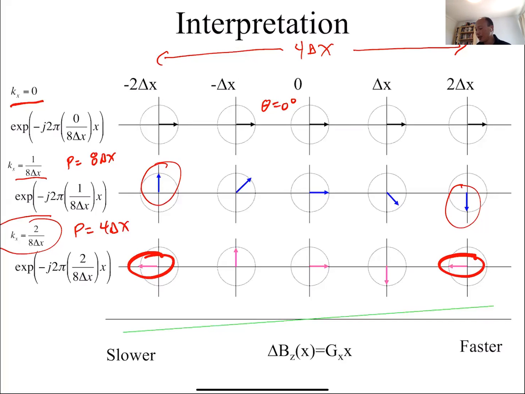All right, so notice here we have this gradient Gx of x, and things here are going faster and things here are going slower. As we go from one kx to another, you notice that it's this phase. These are going this direction, so they're gaining speed as compared to this one, where these are lagging behind. And then this one's going even faster, so it's gained a little more, and this has lagged behind even more.